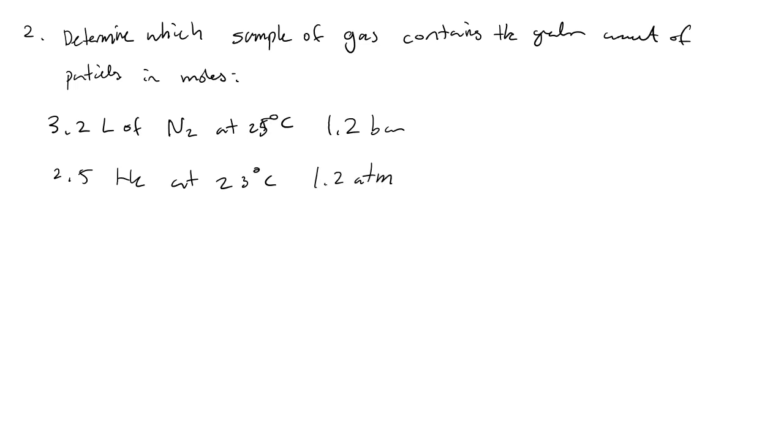So let's do 3.2 liters of nitrogen at 25 degrees at 1.2 bars.